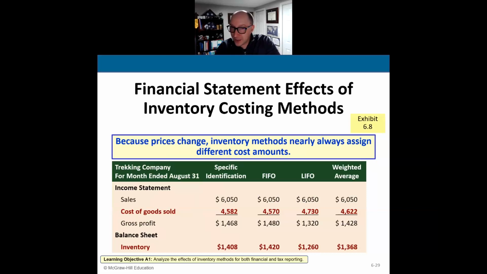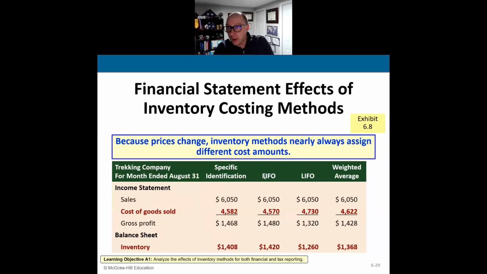So in business, we like to look at all four methods to understand which one is going to be most effective for us for reporting reasons. Even if the business is a restaurant, they probably use first in, first out, although they probably take a bigger hit when it comes to taxes when they report it that way.